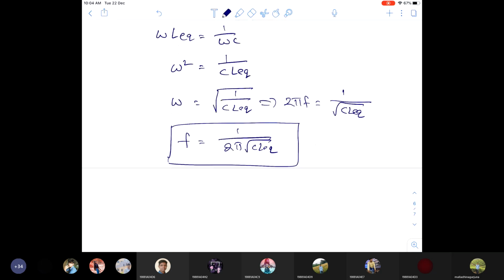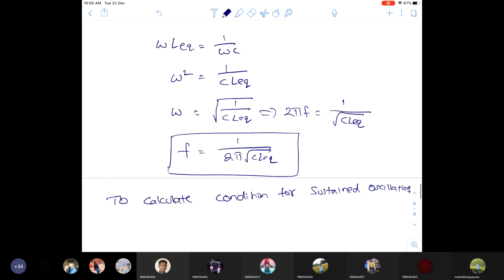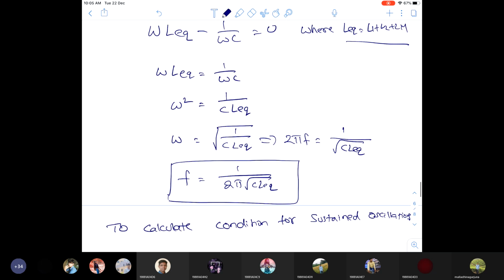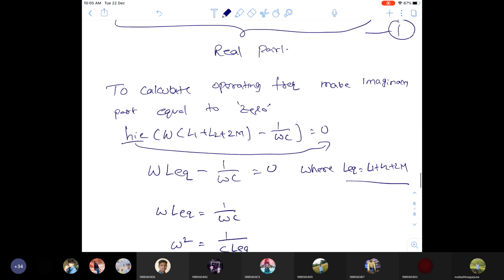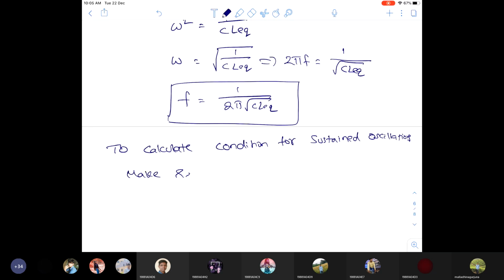Next, to calculate the condition for sustained oscillations, make the real part equal to 0.